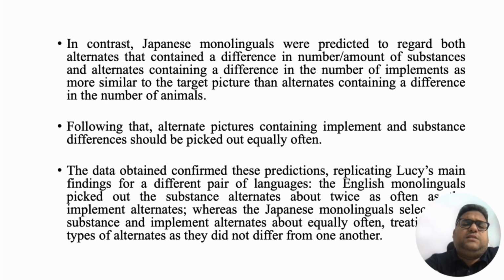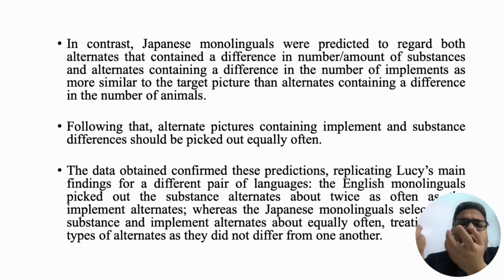In contrast, something different can be expected for our Japanese speakers. Japanese monolinguals were predicted to regard both alternates that contained a difference in number and amount of substances and alternates containing a difference in number of implements as more similar to the target picture than alternates containing a difference in the number of animals.